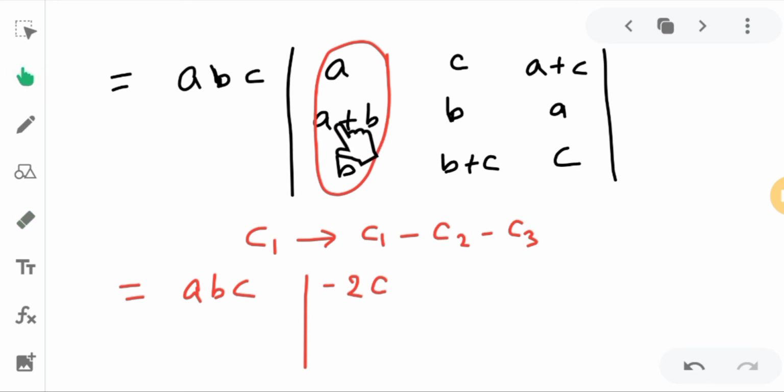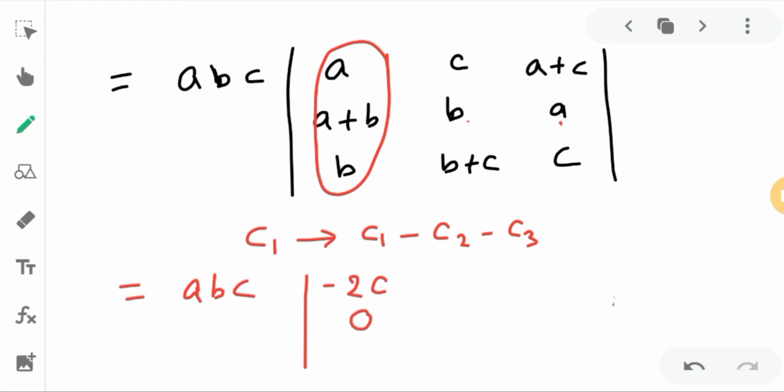The second element will be A plus B minus B minus A, the C1 minus C2 minus C3 corresponding elements, so it will be 0, correct? So I will write 0.